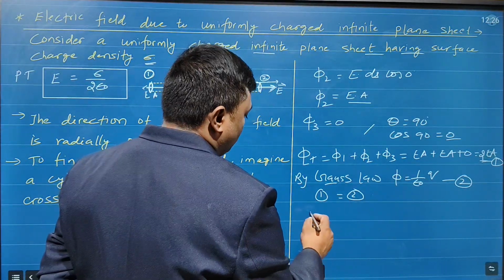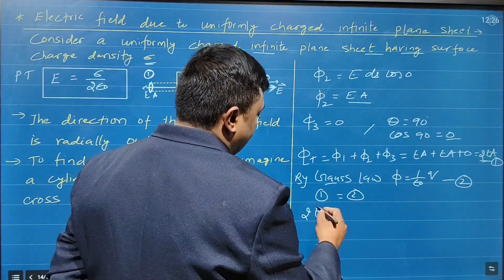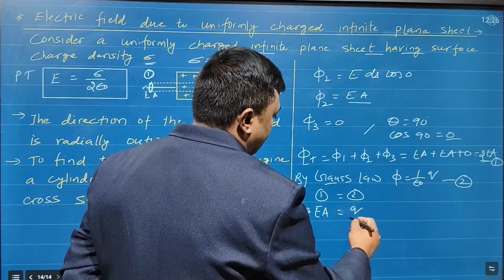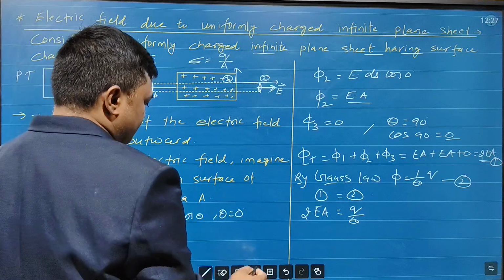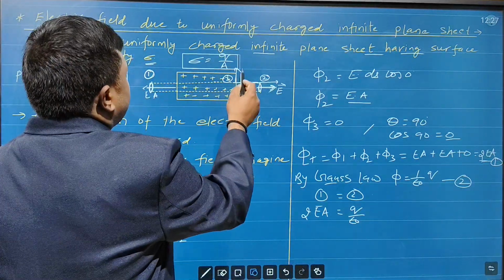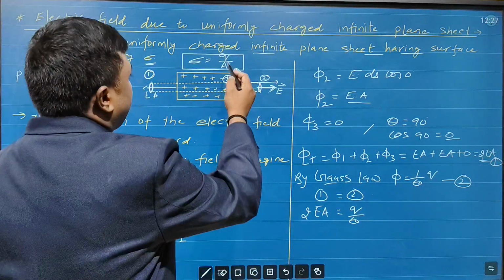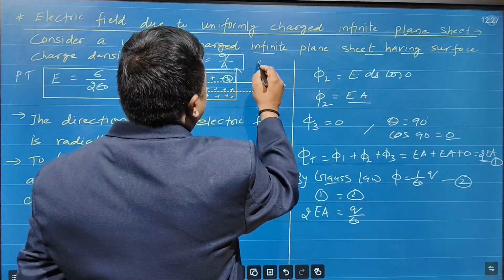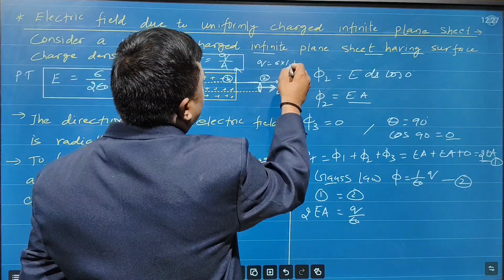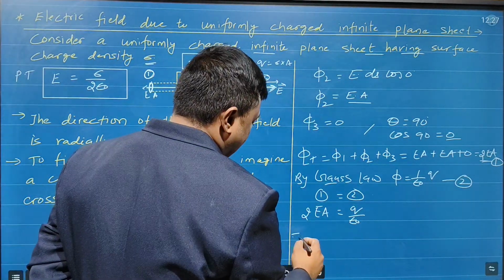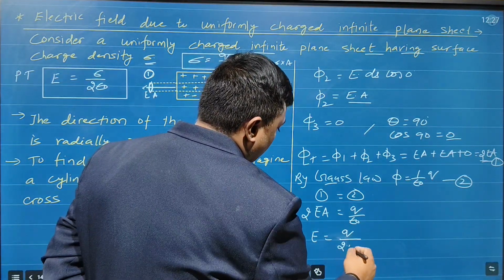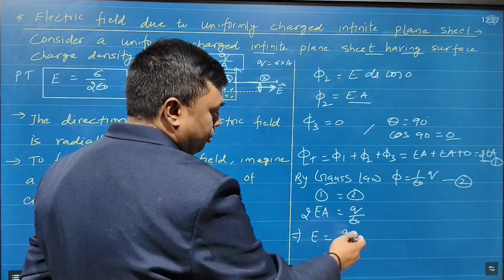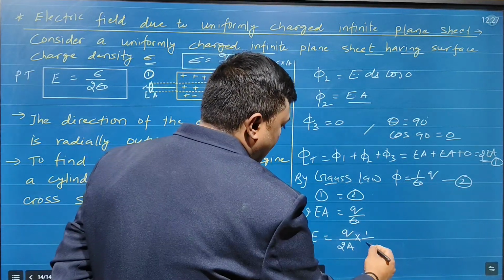So we can write 2 times E into A is equal to Q by epsilon naught. We have assumed that the surface charge density is sigma, that is Q by A. So Q is equal to sigma into A. So we can write E is equal to Q upon 2A into 1 by epsilon naught.